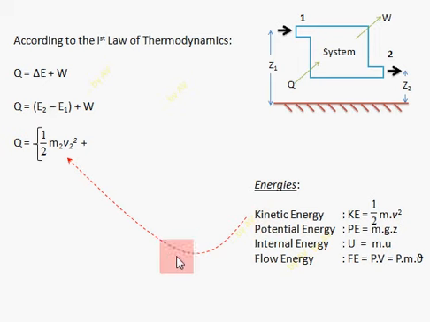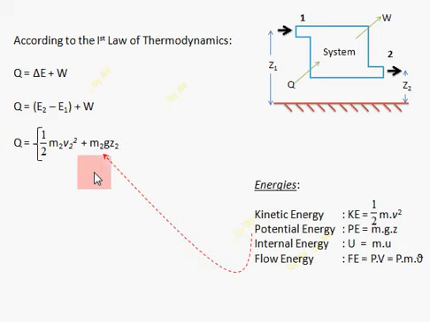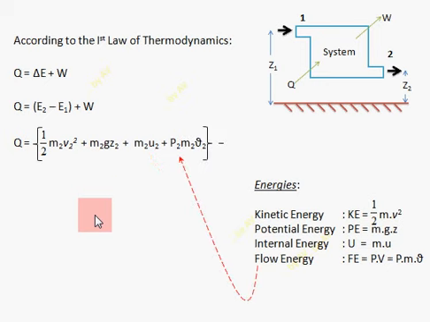First I am inserting the kinetic energy. So here m2 and V2, which shows the kinetic energy at the exit point. Similarly, we can write the potential energy. m is replaced with m2, gravity of course constant, and Z2. And next one, internal energy, and next one, flow energy. Now we have completed E2.